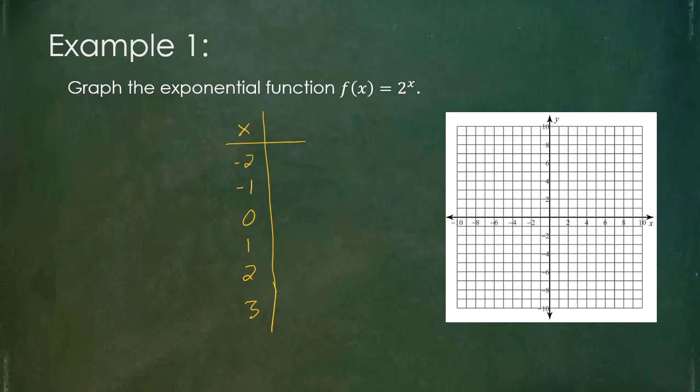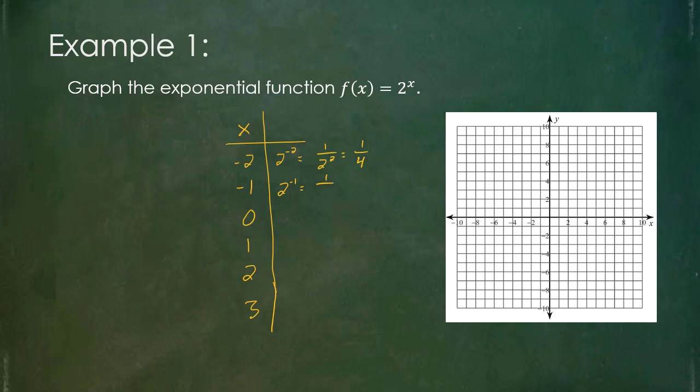So 2 to a power of negative 2 would become 2 to the negative 2 power, which a negative exponent would drop to the denominator. And 2 squared really would equal 4, so this first one is 1/4. The next one, 2 to the negative 1.